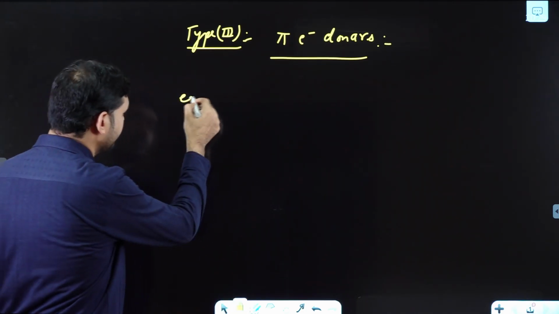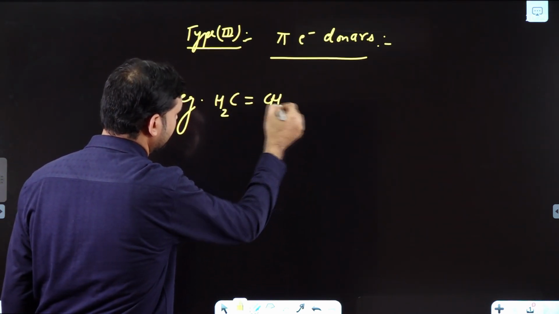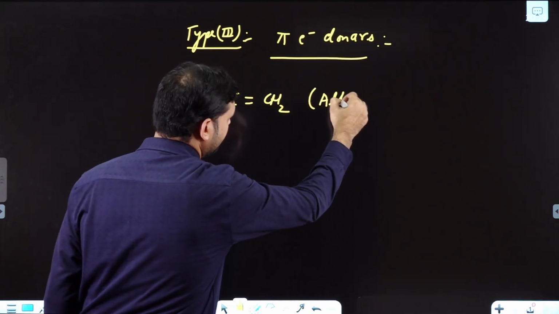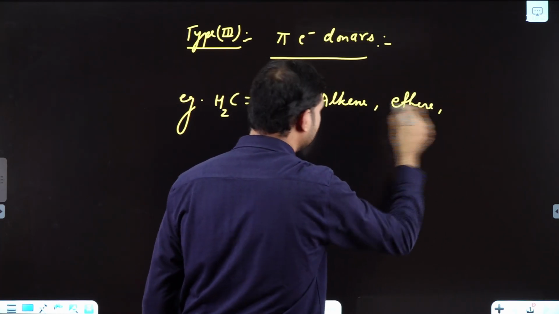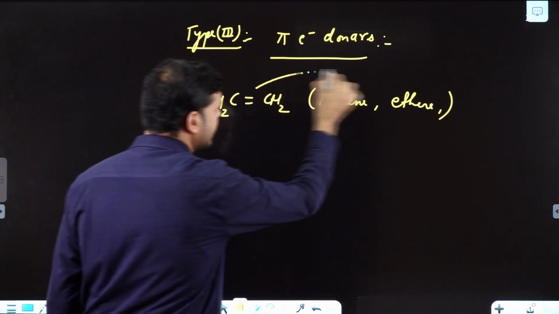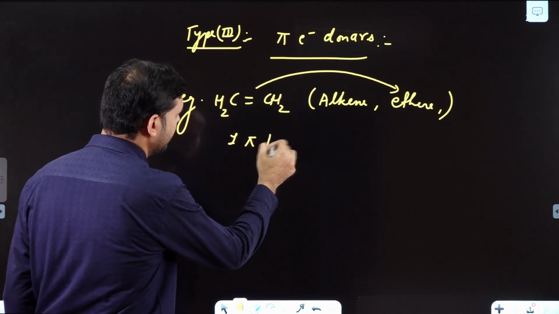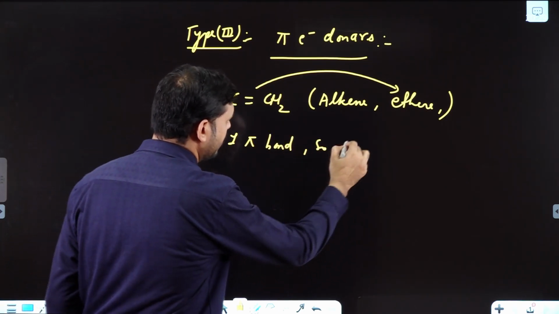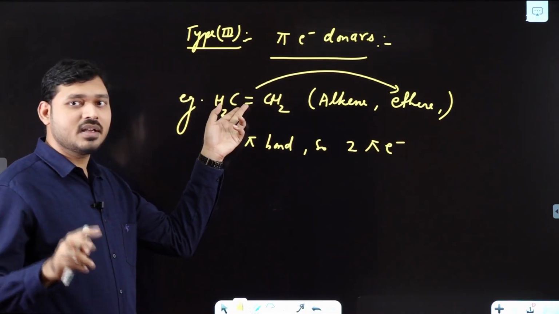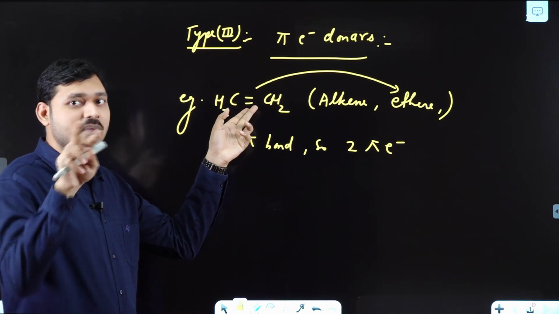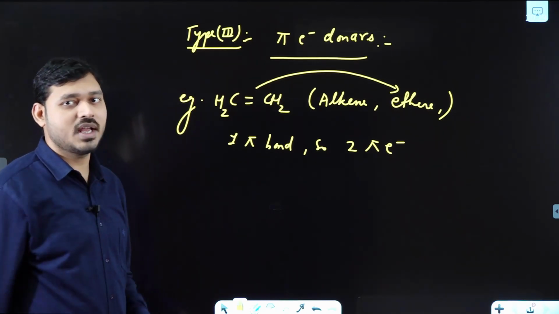For example, alkene, better to say ethene, this one. Okay. This is your ethene, right? So alkenes have one pi bond. So 2 pi electrons. That pi bond is having 2 electrons. So they are called pi bonded electrons. So 2 pi electrons, and that is available to be donated to any electrophile.